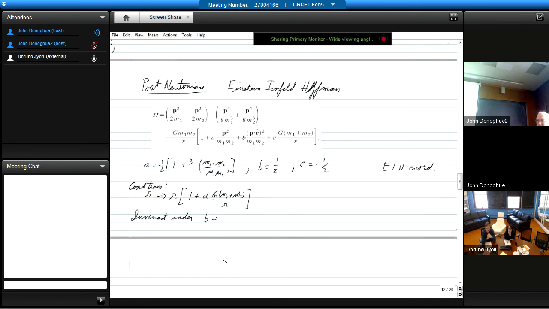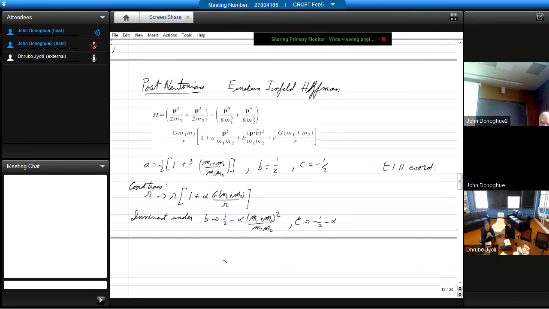So the easy ones are B goes to 1/2 minus alpha, it's actually (M1 plus M2) squared over M1 M2. C goes to -1/2 minus alpha.